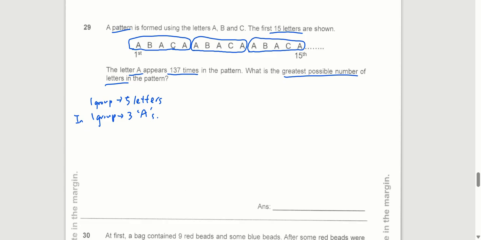So here it says, what is the greatest possible number of letters in the pattern? So if I use 137 divided by 3, I should find this is the total number of A's.